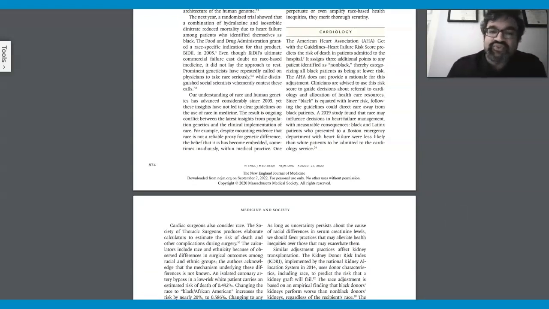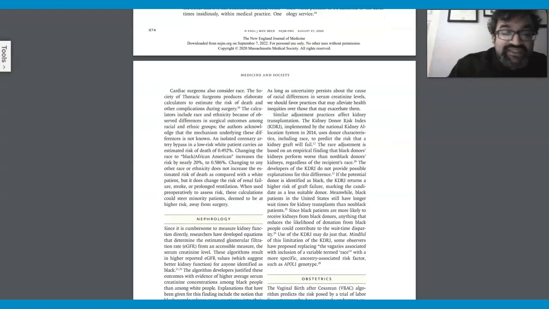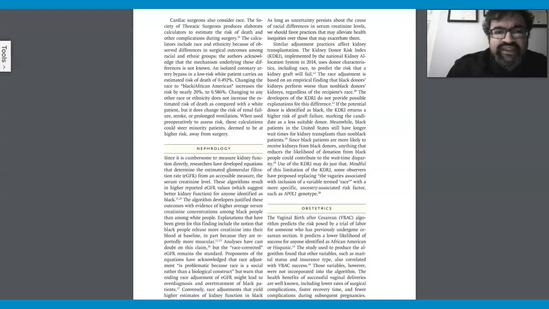If we think of race as a social construct, the differences among individuals that belong to the same racial group a lot of times are more than among individuals who belong to different racial groups. And so this is the simple reason why it's difficult to have one risk scoring system that applies everywhere.